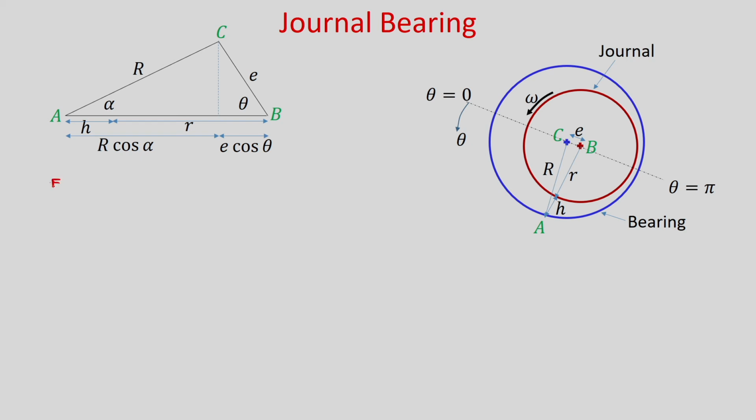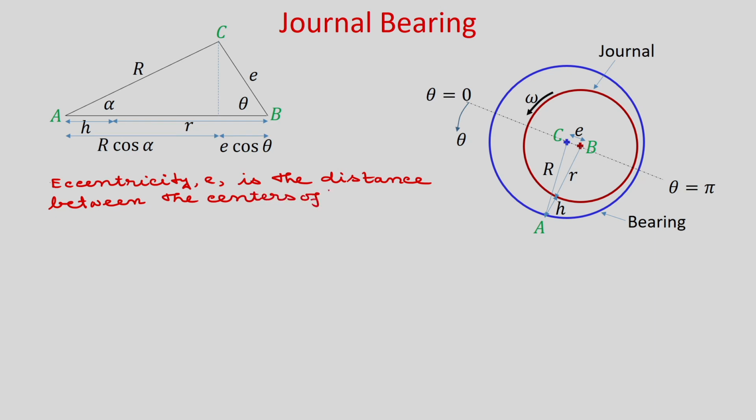Eccentricity E is the distance between the centers of the bearing and journal.